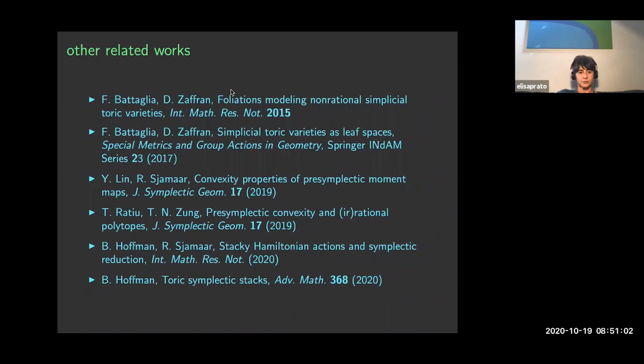And the last work in particular is a classification theorem of Hoffman. He introduces toric symplectic stacks and he classifies them using the simple non-rational polytopes with additional data, which of course corresponds to our quasilattice and choices of normal vectors.